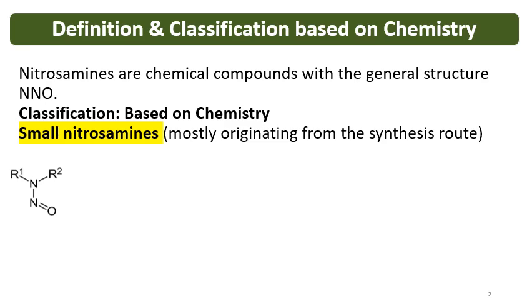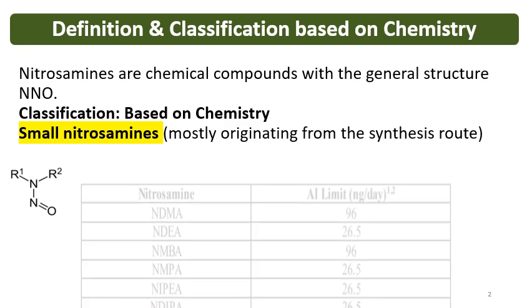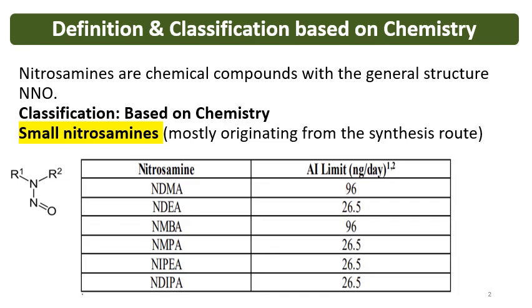See, nitrosamines can be divided into two categories: small nitrosamines and complex nitrosamines. The generalized structure of the nitrosamine involves the N double bond O, and it is a nitroso type of compound.